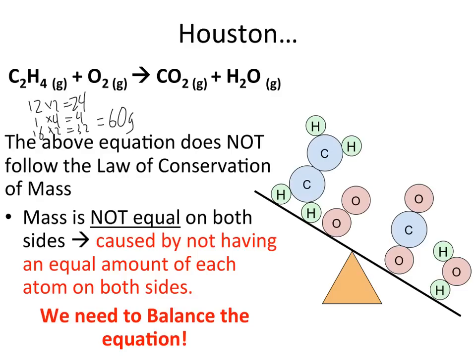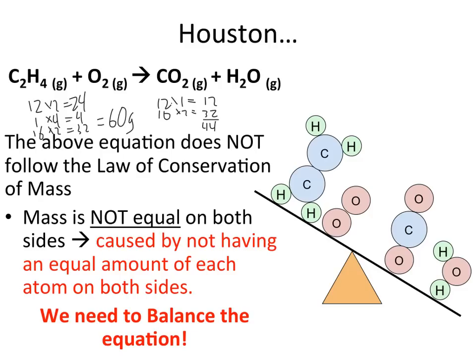On our right side, we have 1 carbon. So that's 12 times 1 gives us 12. We have 2 oxygens. 16 times 2 is going to give us 32. So here we have 44 grams plus the mass of water.